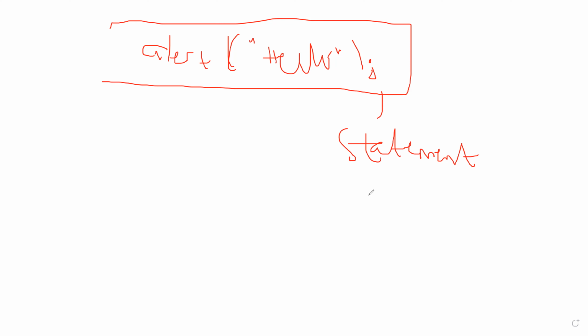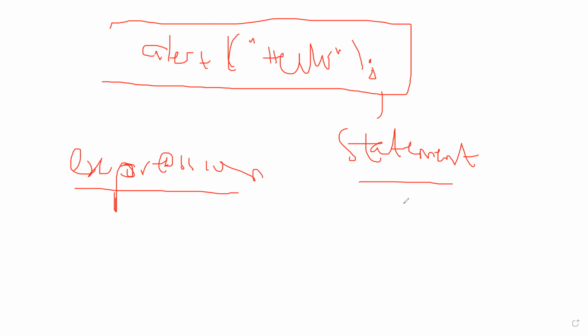However, there is another thing called the expression. Now, what is the difference between expression and statement? I want you to pay close attention. An expression is anything that evaluates into another thing. For example, if I say 2 plus 3, you know 2 plus 3 evaluates into 5.